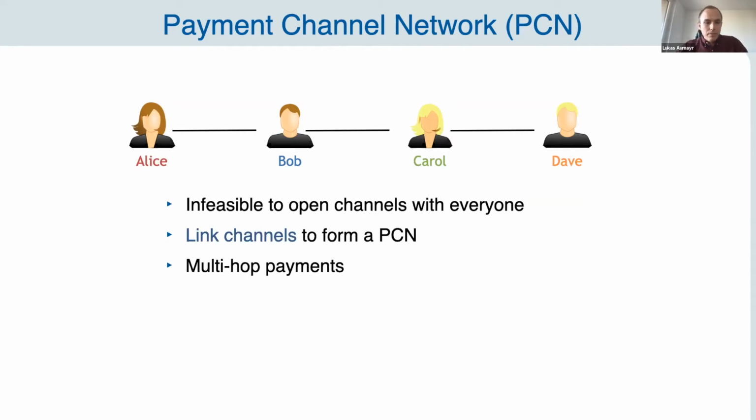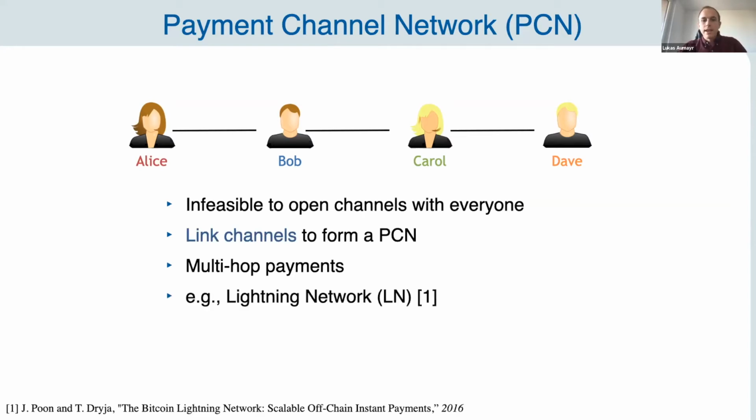And then probably the most prominent example of a payment channel network is the Lightning Network. And we can see by looking at some current numbers that this is actually used in practice. So there is like $53 million worth of Bitcoin locked in the Lightning Network. There are around 21,000 nodes and 46,000 channels in the Lightning Network.